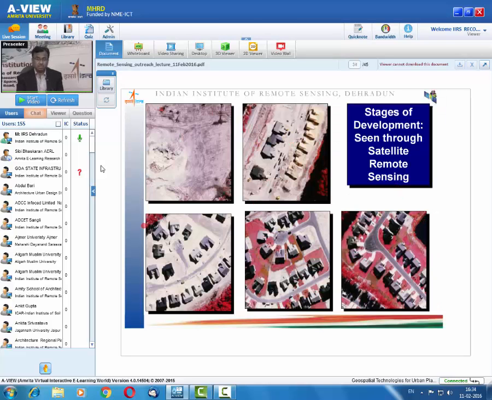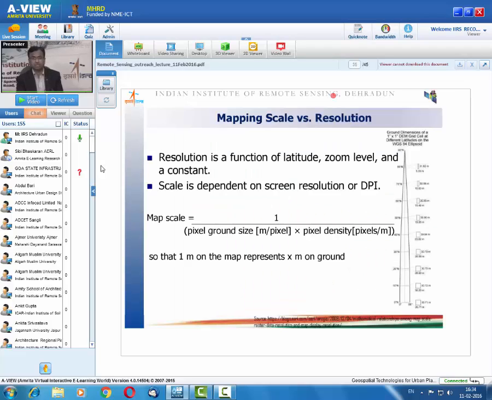This is one typical example from aerial remote sensing, showing how the stages of development in an urban area can be visualized, where node development is there and finally a settlement has come up, and the phases of development can be seen using temporal remote sensing data.